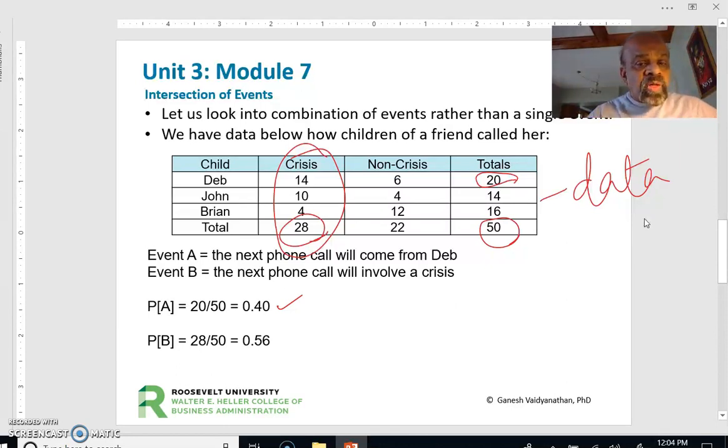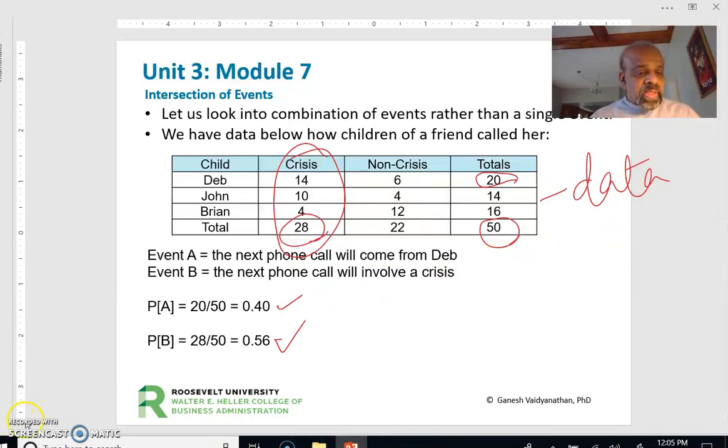So my total outcome is 28. My total sample space is 50, so that is going to be 56% or 0.56 is the probability that event B, which is the next phone call, will involve a crisis, is going to happen.